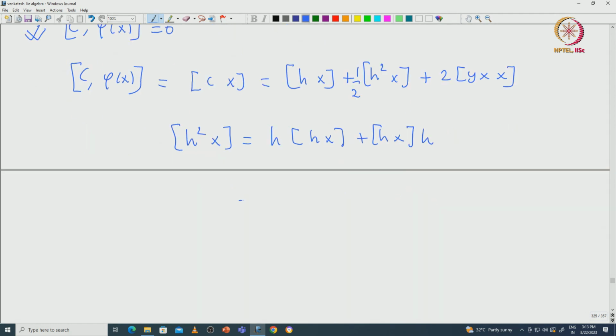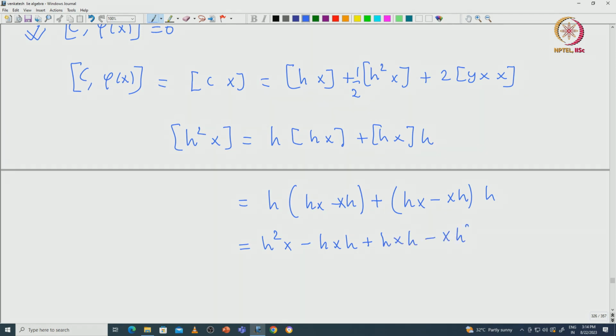If you just work it out, you can see that h into h x minus x h will be the first term, plus h x minus x h times h, that will be the second term. If you add up, you get h square x, then minus h x h plus h x h minus x h square. So, that is going to give you h square x minus x h square.